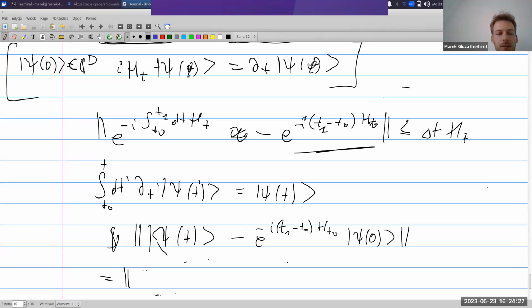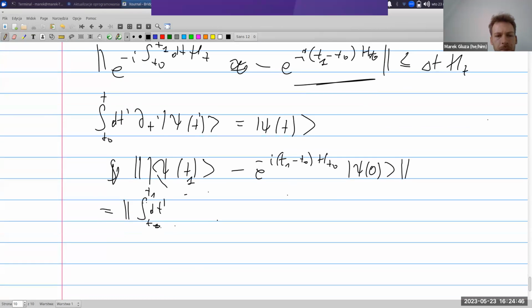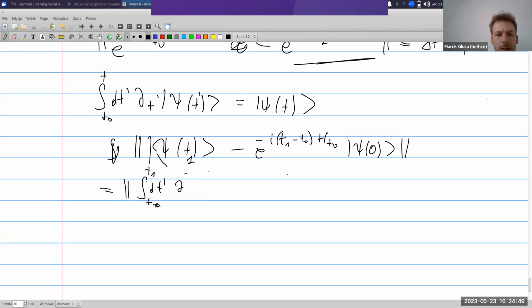So this is integrating dt prime from t0 until t1, the Schrödinger equation here, psi of t prime, minus the same thing here, but this will be just ht0 on psi 0.